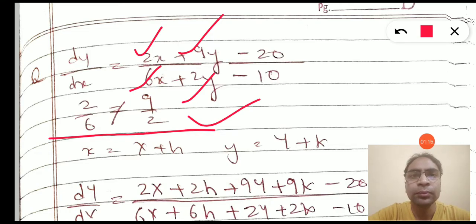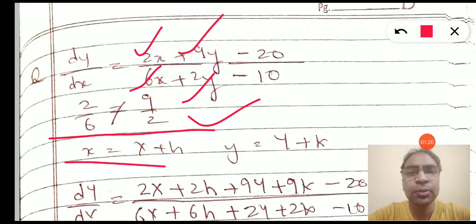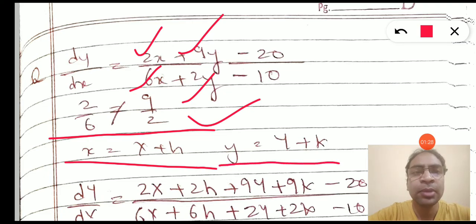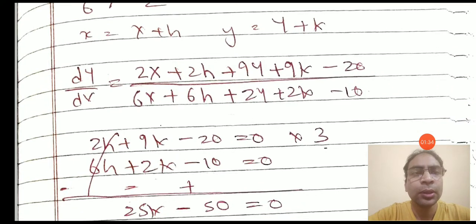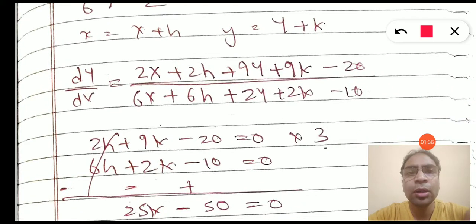So we have compared the ratios of the x variable and y variable. The ratio is not equal, so case 1 applies. Once case 1 applies, we substitute x by capital X plus h and y by capital Y plus k. On substituting these, we have dy upon dx.